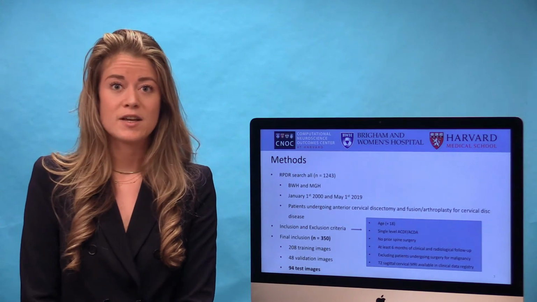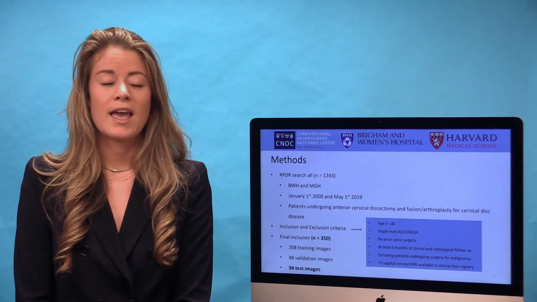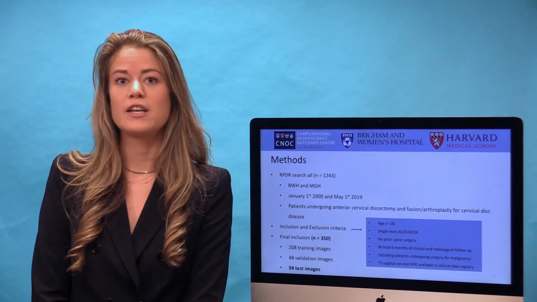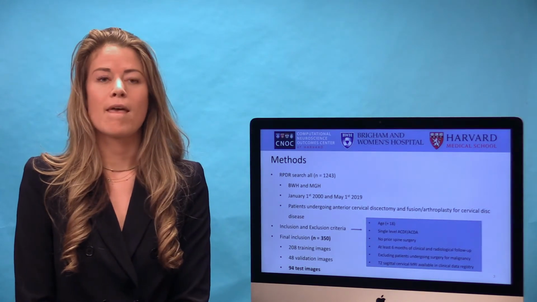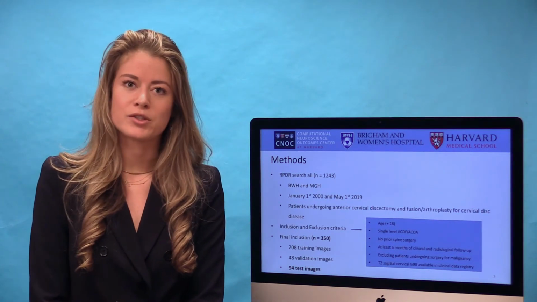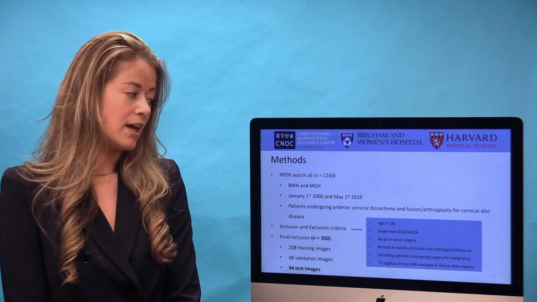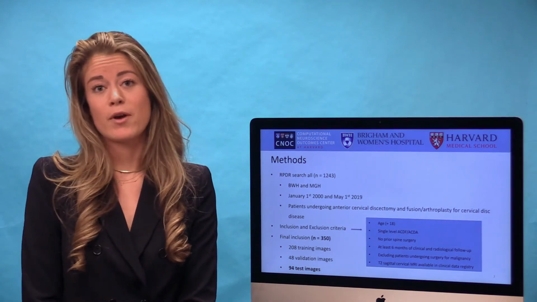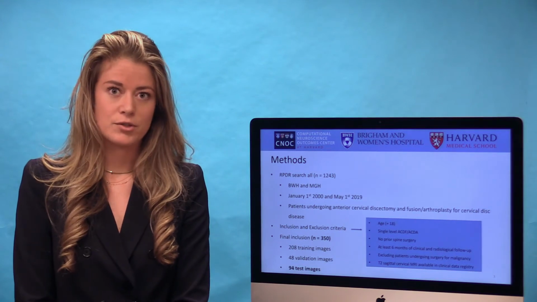We collected data from 2 academic medical centers in Boston, and we only included patients that were 18 years of age, underwent a single-level ACDF or ACDA, had no prior spine surgery, and had a T2 sagittal MRI available in our clinical data registry.